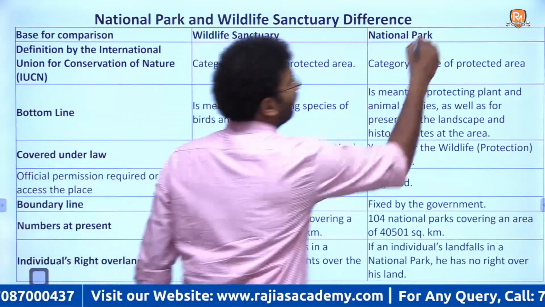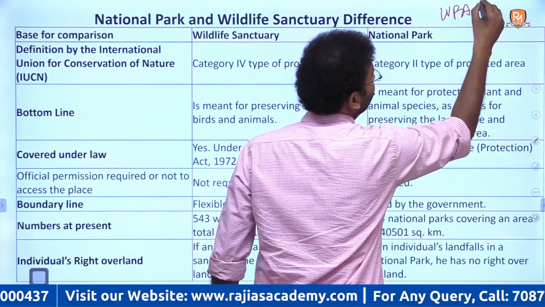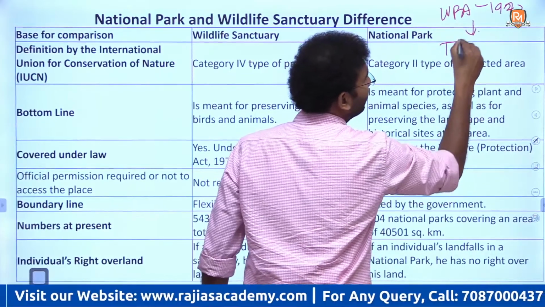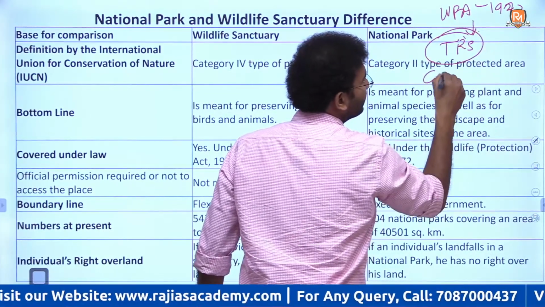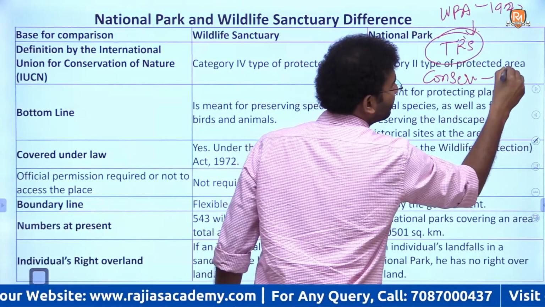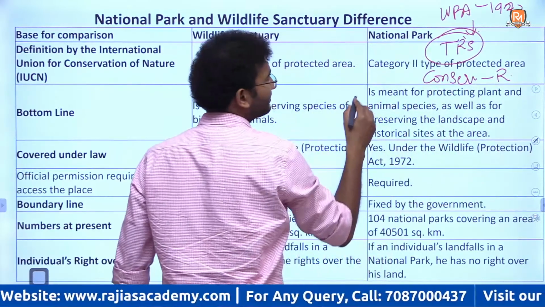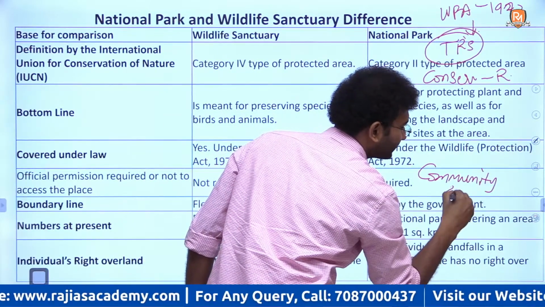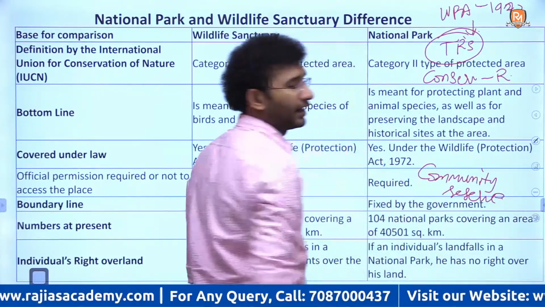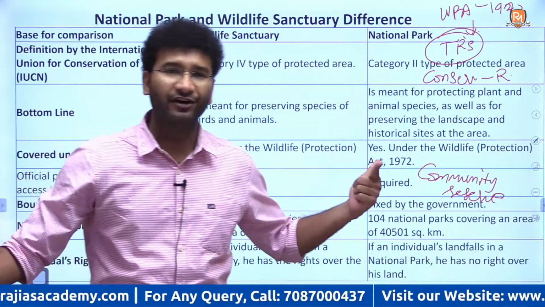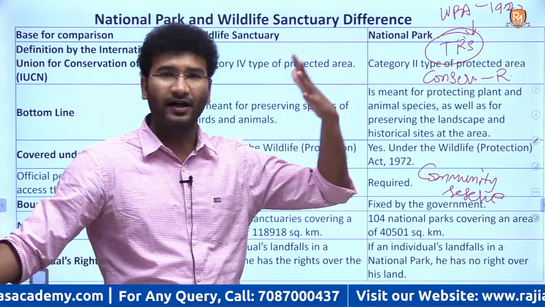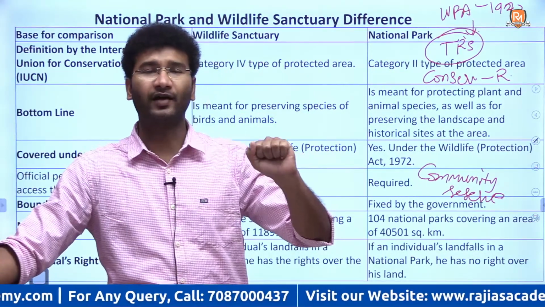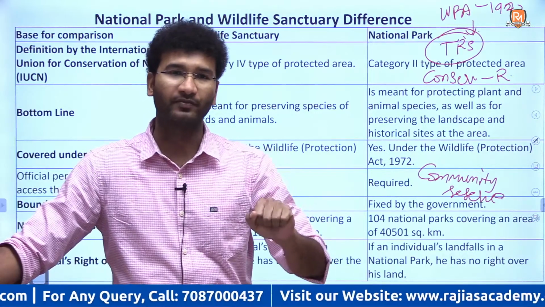This act also defines tiger reserves, conservation reserves and community reserves as well. Along with community reserves, conservation reserves and tiger reserves, national parks and wildlife sanctuaries, these 5 components have been clearly defined in the Wildlife Protection Act of 1972, right?